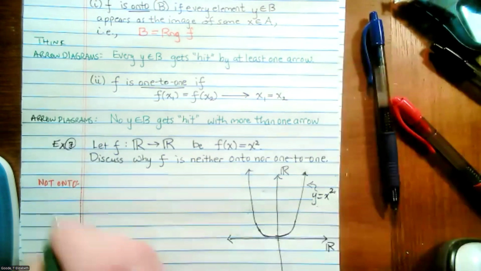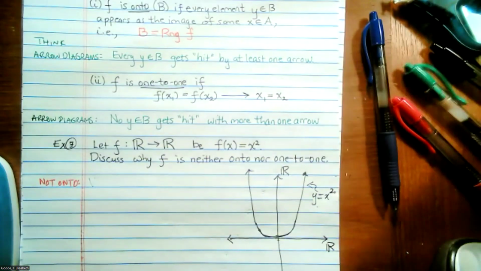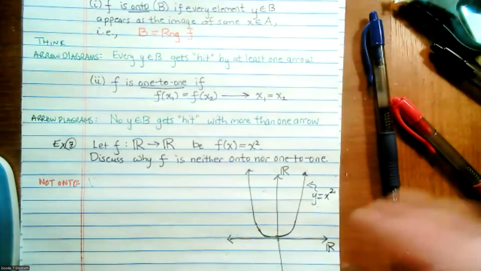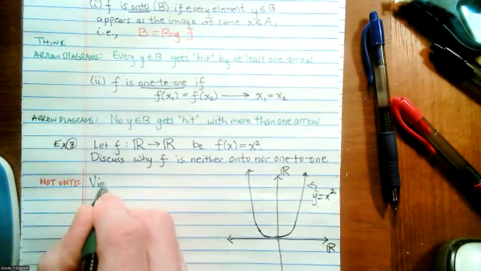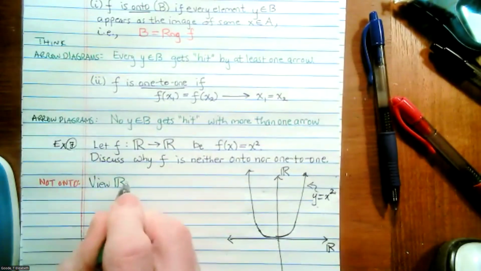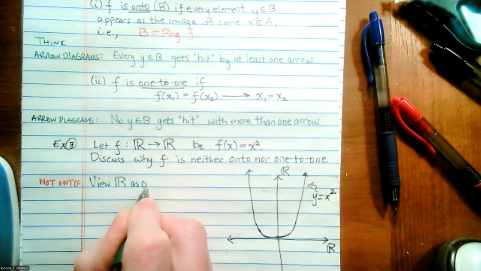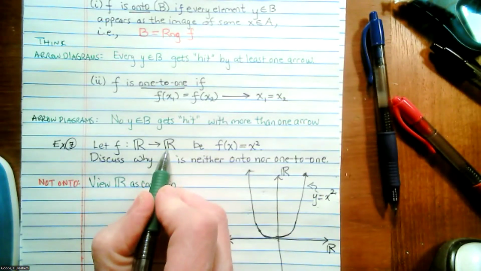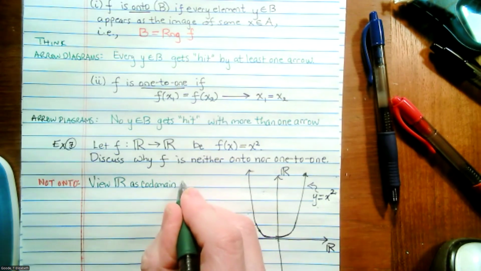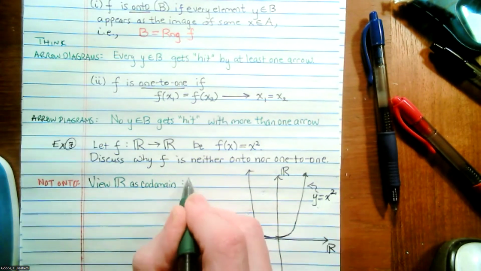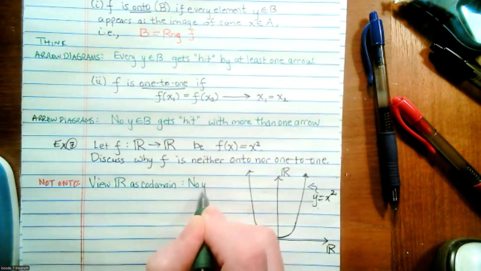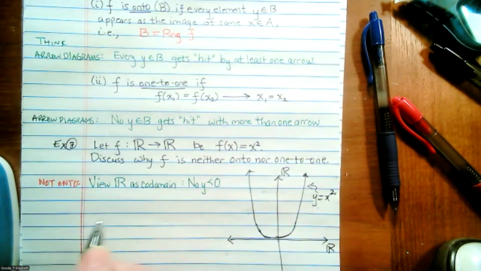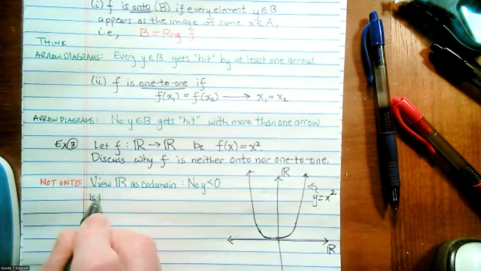So when we view the reals, let's get rid of that pin, it's not working very well, as the codomain. So we're looking at this copy of the reals. No y less than 0 is the image.